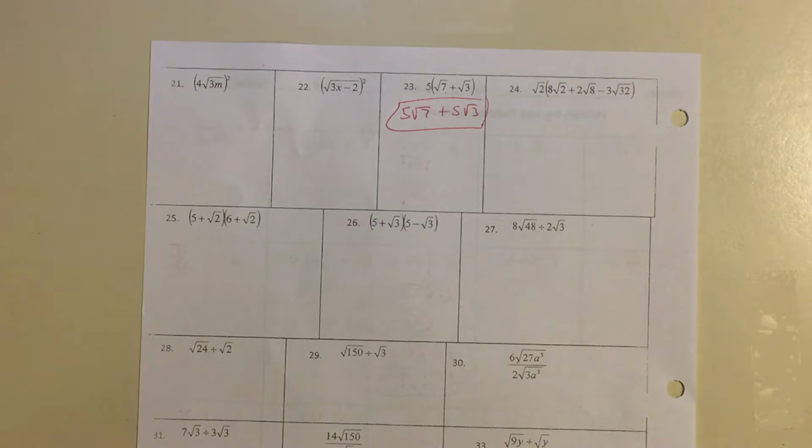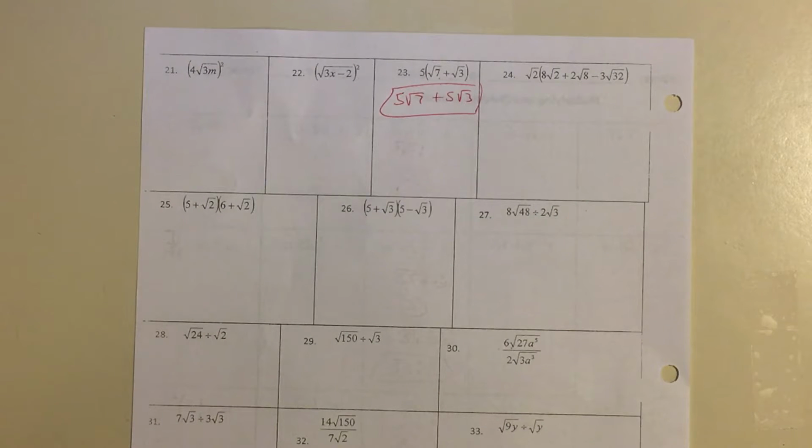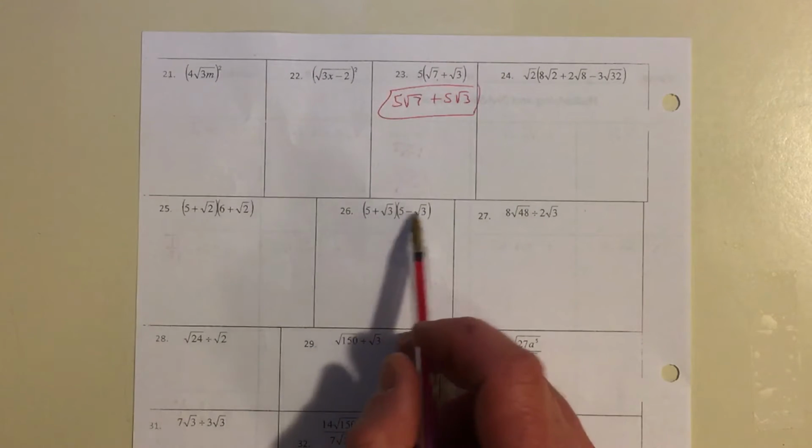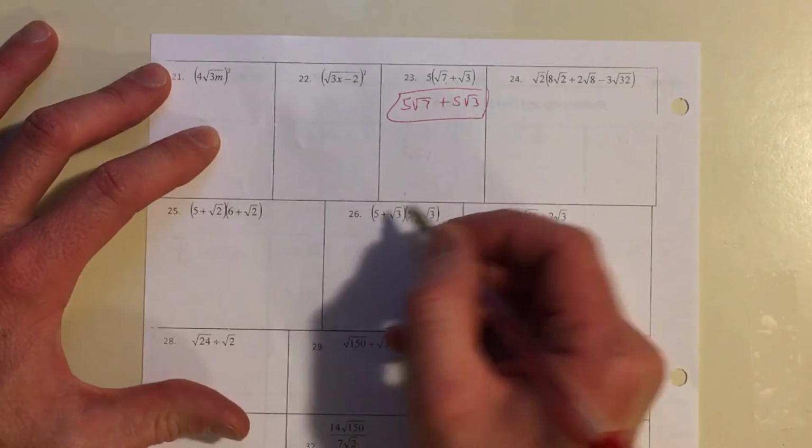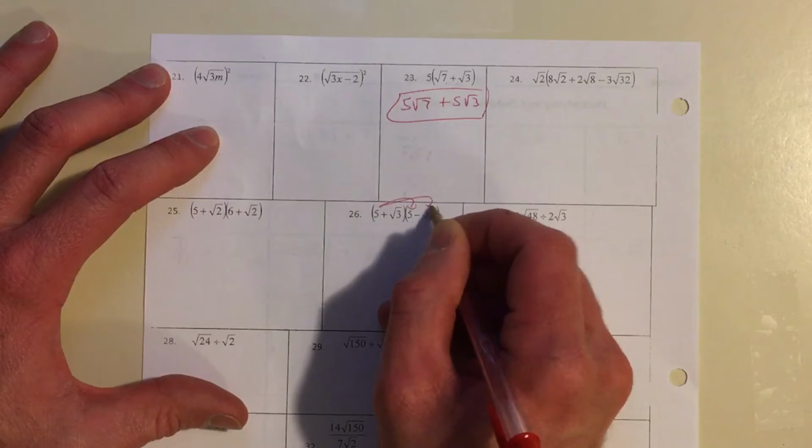Oh, 26 is special. Do you remember? Do you recognize what that is? We've done this before, actually, this year. These are conjugates. So when we multiply this out, my money is on the fact that the middle terms will be opposites and cancel each other out. But you don't have to take my word for it. Let's just distribute it.